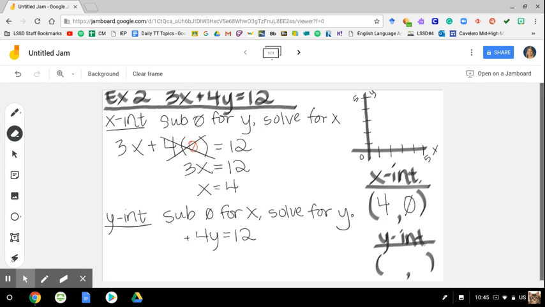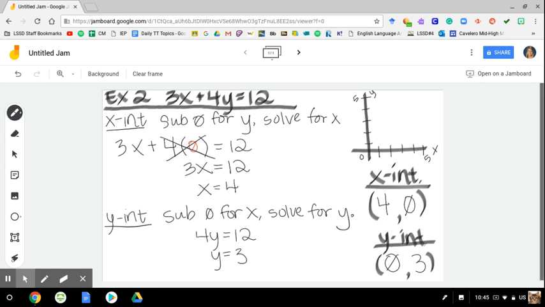So when you want the y-intercept, solve for y. So I divide each side by 4 and I get y equals 3. So when I plugged in 0 for my x value, my y value is 3.